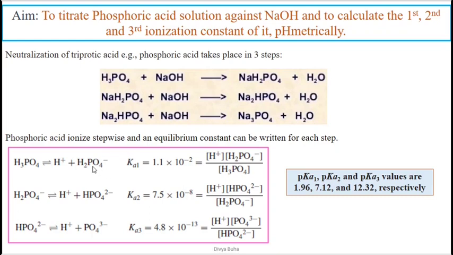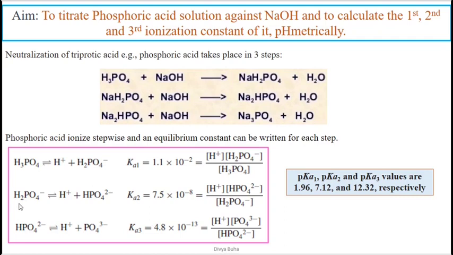And you will be getting sodium dihydrogen phosphate, that is H2PO4 minus. For this, the ionization constant Ka1 is 1.1 into 10 raised to minus 2. And we know that the equilibrium constant is product upon reactant, that is, ionized species upon unionized species.